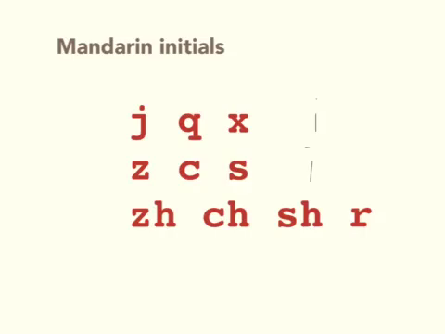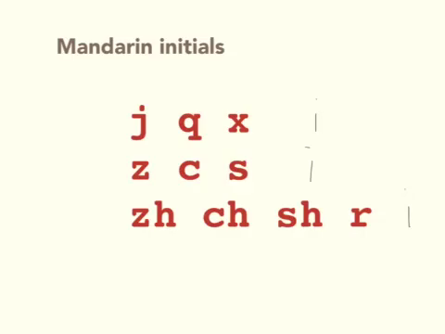Last row here then: zhi, chi, shi, ri. Again, we put an I after these sounds, and again the I sounds a little bit different. It almost sounds like there's an R at the end of it, almost like sure. This R sound, just by itself, ri, is one of the trickier sounds to make in Chinese.